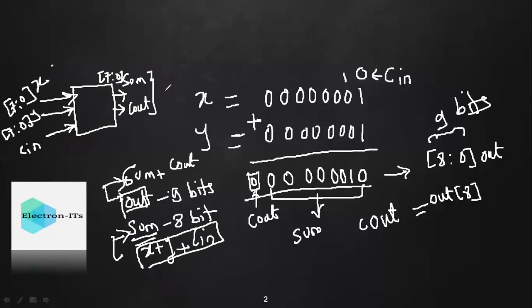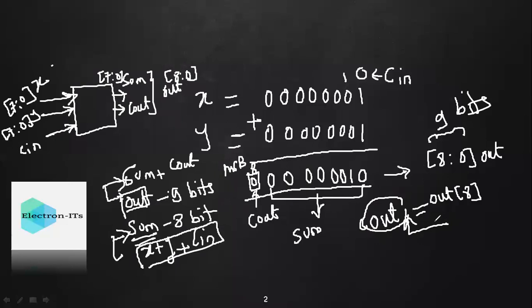And the combination of this is nothing but your out signal, which is 8 to 0. And the 8th value of the output signal is nothing but C out, the last value, which is the MSB. So the 8th value of your out signal is C out.